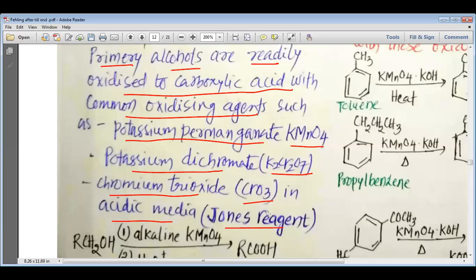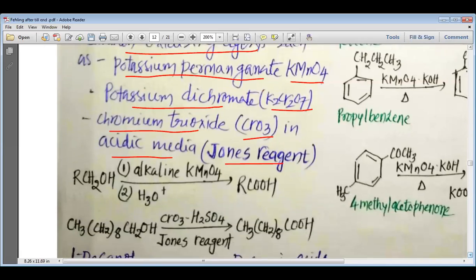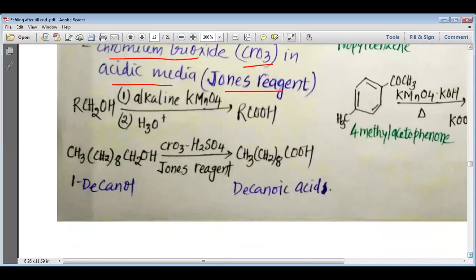So this Jones reagent is a strong oxidizing agent, whereas chromic oxide alone is a weak or mild oxidizing agent. You can easily understand, my dear students, that any alcohol RCH2OH with alkaline or acidified KMnO4 converts into carboxylic acid. So RCH2OH is converted to RCOOH.